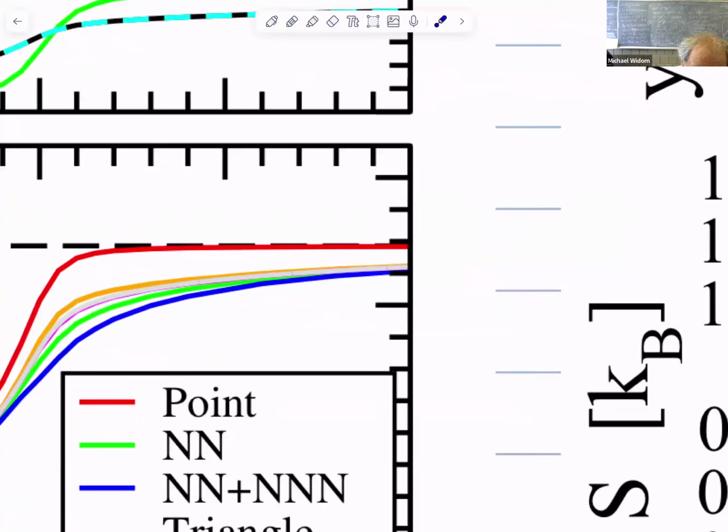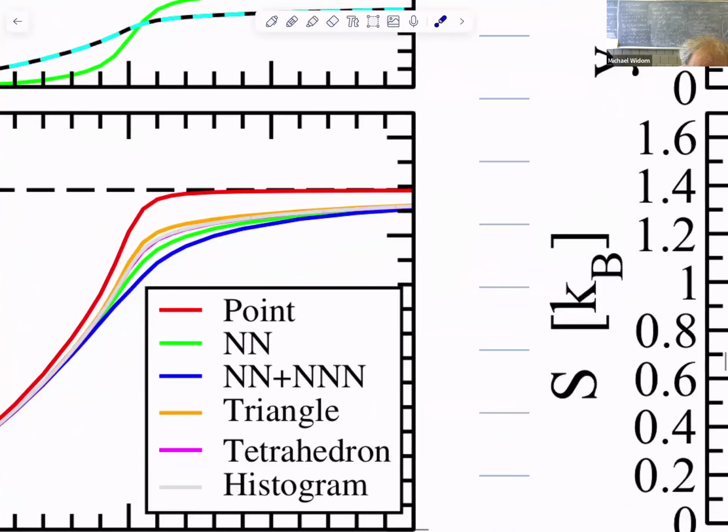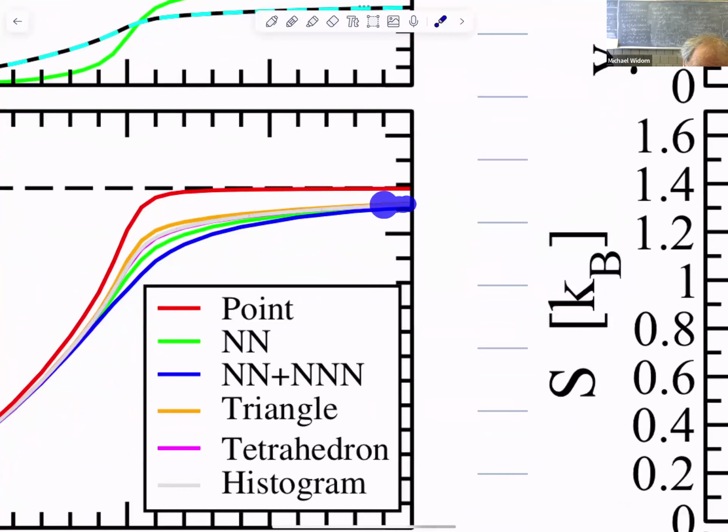But then if we go to the tetrahedron level, it's in pink, and it's hidden here right below gray, where gray labeled here as histogram. It's the result evaluated directly from the Monte Carlo.